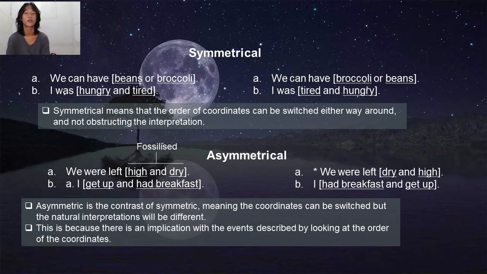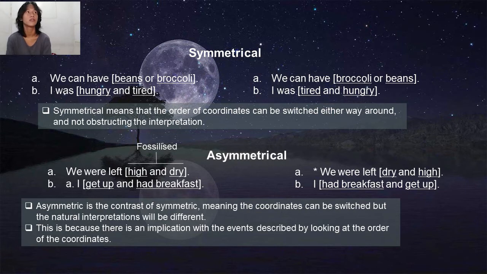We can have beans or broccoli. And next, we can have broccoli or beans. They are symmetrical. I was hungry and tired. I was tired and hungry. They are also symmetrical. Why? Because the order of the coordinates can be changed from one to another.